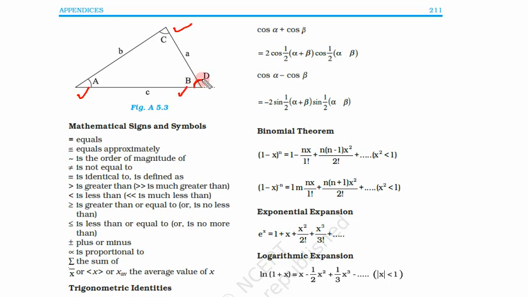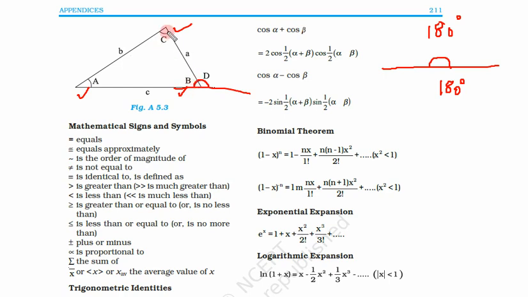This is the total angle, and if we remove angle B from this D, how can we calculate it? We know the angle on any straight line is 180 degrees. This segment is a straight line, and the sum of the angles of a triangle is also 180 degrees.